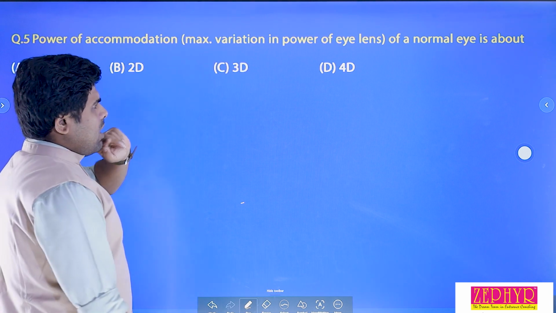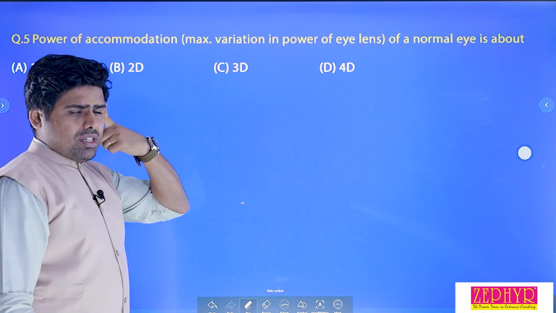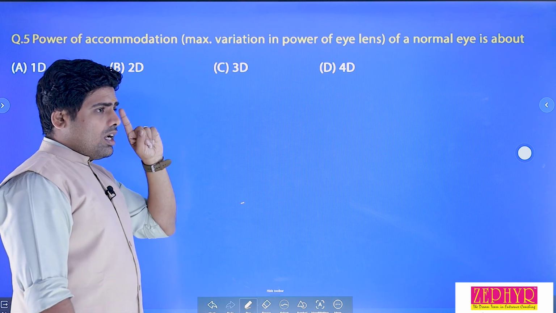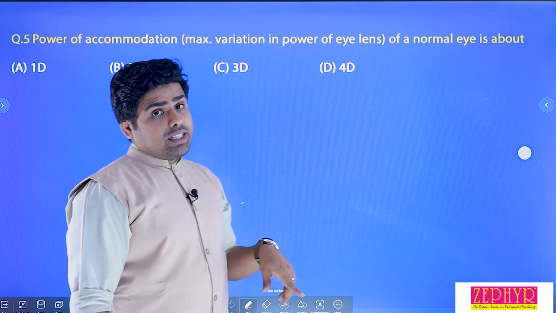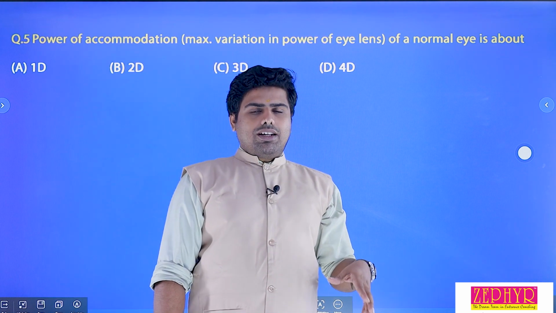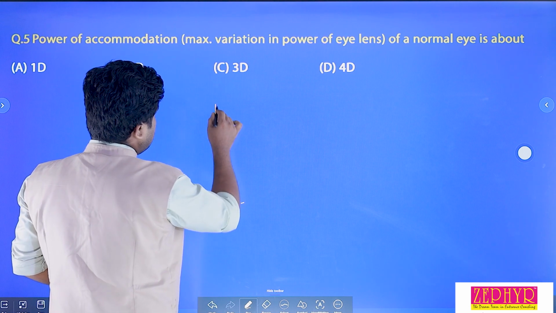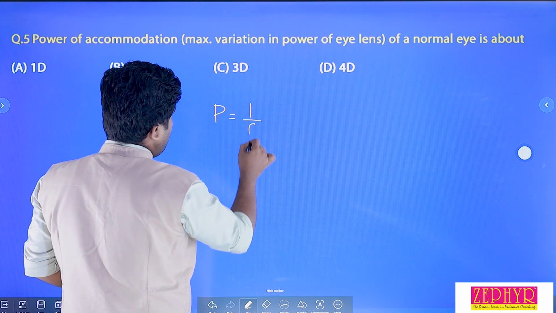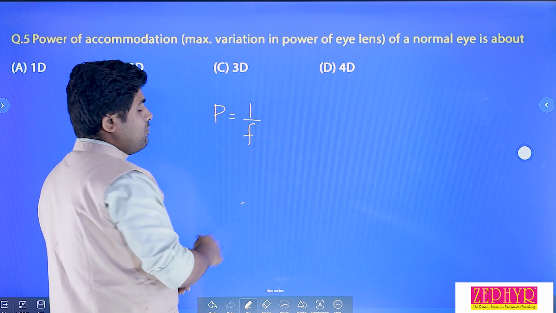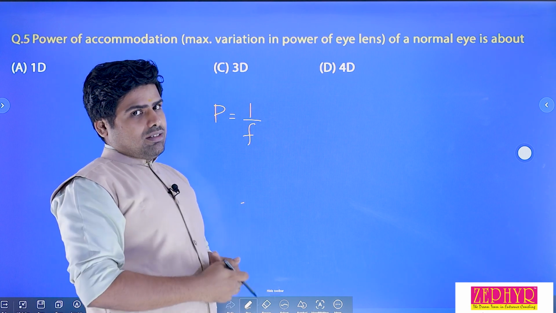See how we find out the power of accommodation. We know the near point of the human eye is equal to 25 centimeter, right? So I use the equation power P is equal to 1 by focal length, if the focal length is in meter.